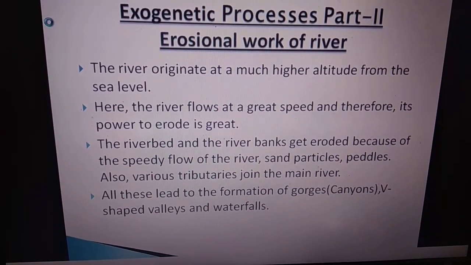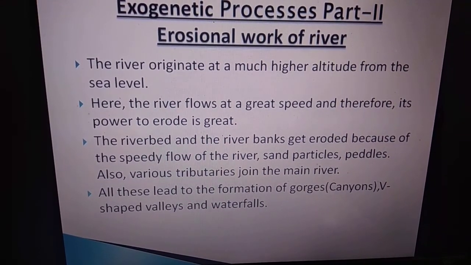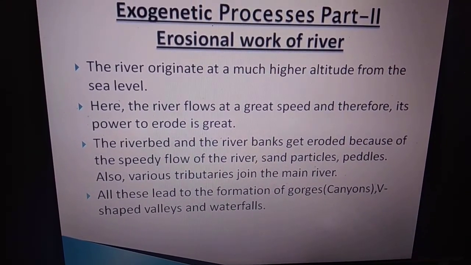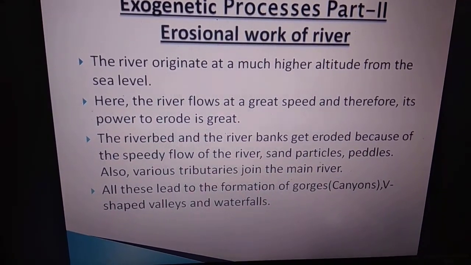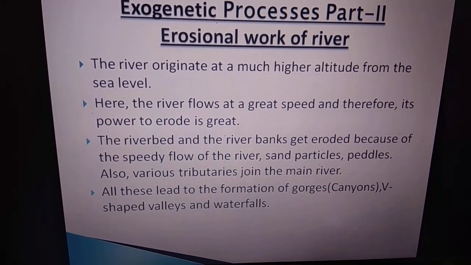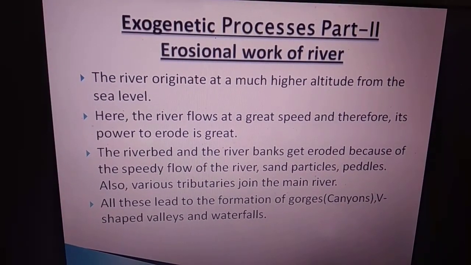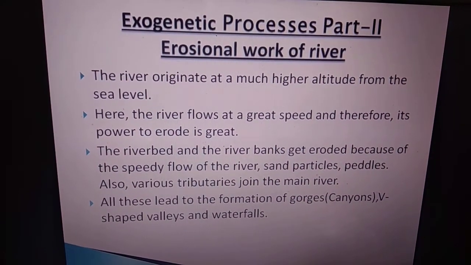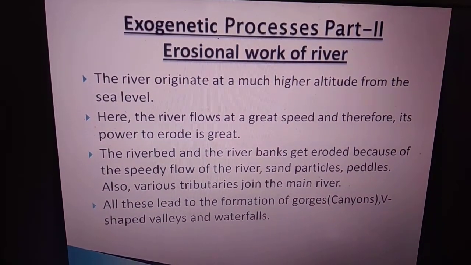Third point, the riverbed and the river bank get eroded because of the speedy flow of the river, sand particles, and puddles; also various tributaries join the main river. Fourth point, all this leads to the formation of gorges, canyons, V-shaped valleys and waterfalls.